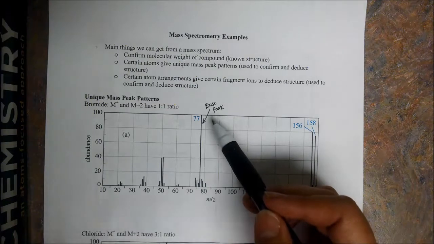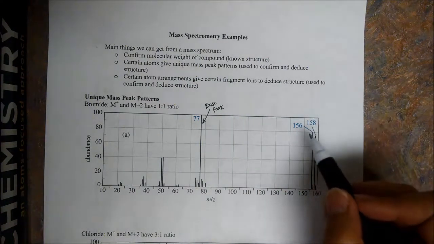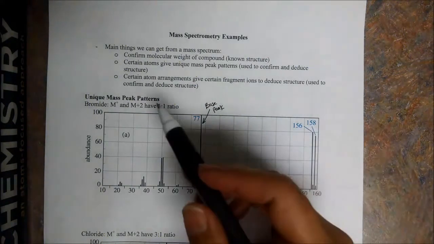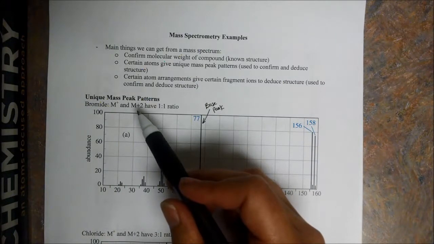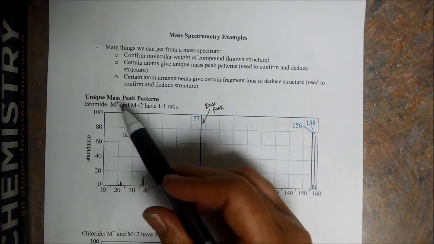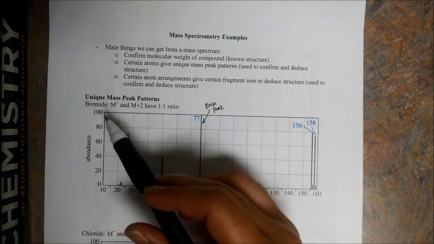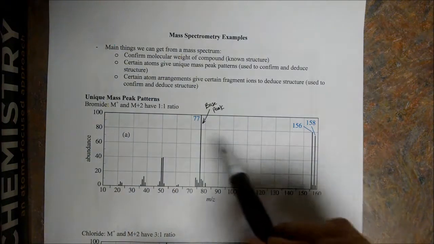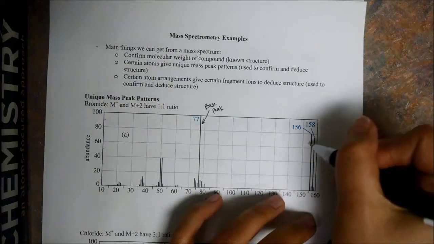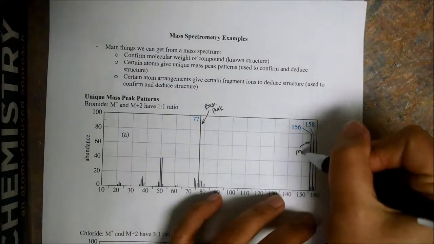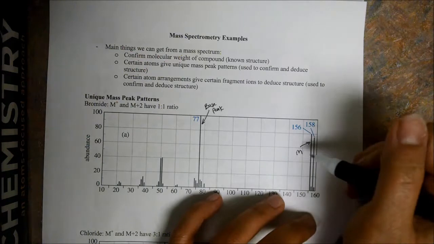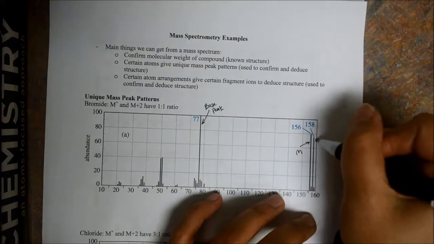Okay, so then over here, these are the M and the M plus 2 peaks that I'm talking about. Okay, does anybody know why we have an M and an M plus 2 peak, and why they might have a 1-to-1 ratio in this spectrum? Hold on, let's label them. This is the molecular ion, so here's our M, and then this guy is our M plus 2.